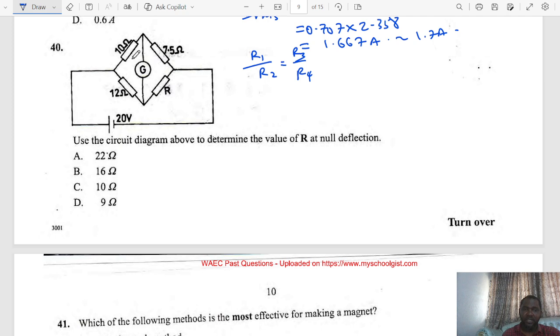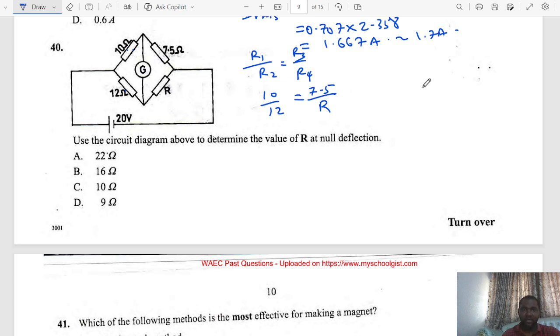So in this case, my R1, R2 can be 10 and 12. Then 10 divided by 12 is equal to 7.5 divided by R, where this is my R1, R2, then R3, R4.